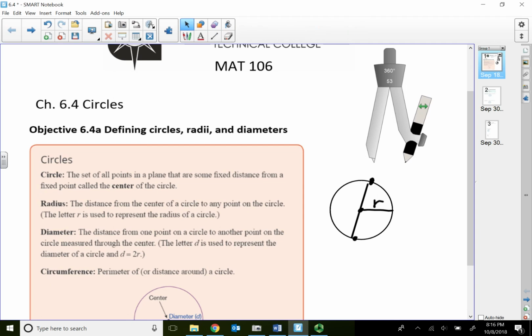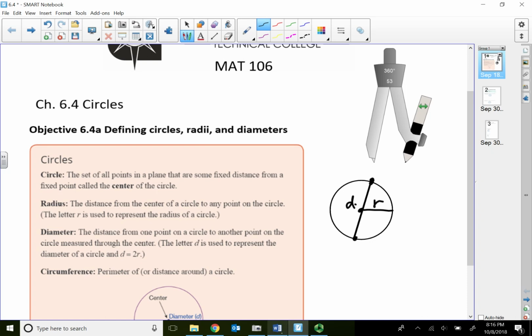We call it a diameter because it passes through the center. Sorry, I didn't quite line up correctly. So a diameter, by passing through the center, is made out of two radii. That's what this formula means.